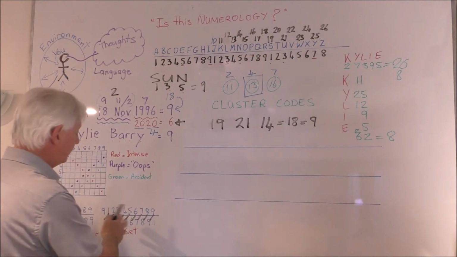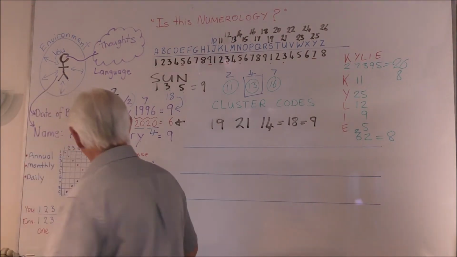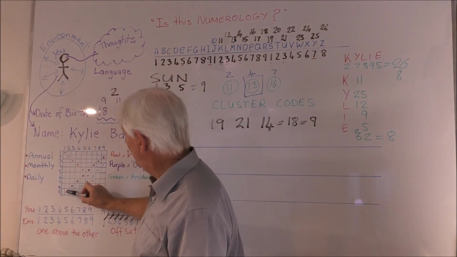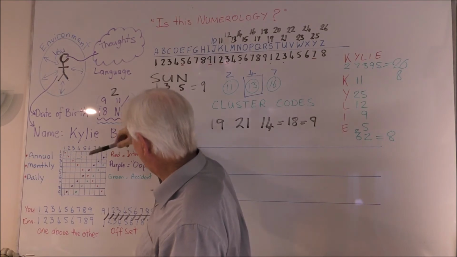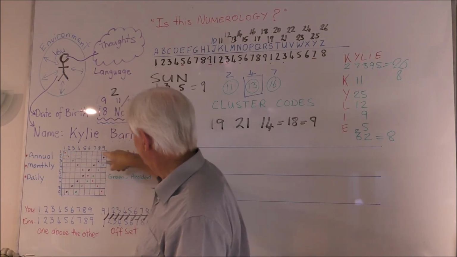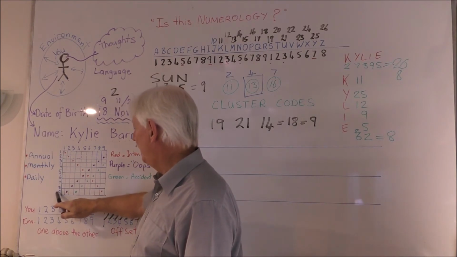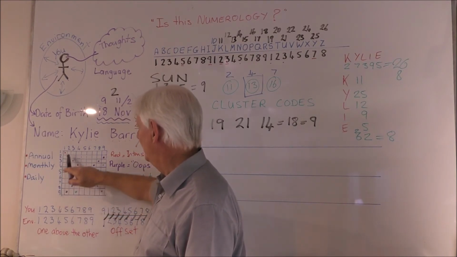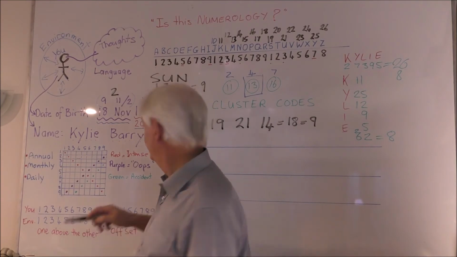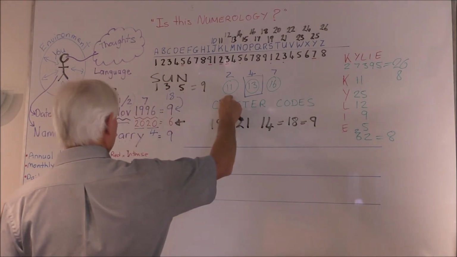So, looking at things the way I teach people this, and even down here, can you see these purple dots I've got standing down here? They actually come in the second level down here, and they go to the second level here. Because if I go 9 plus 2, that's 11. That's one of my cluster codes.